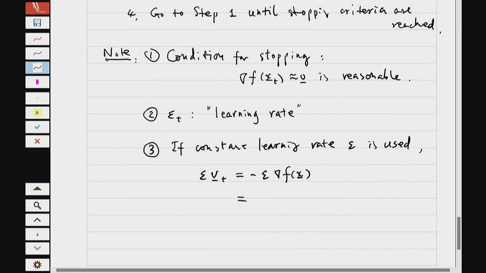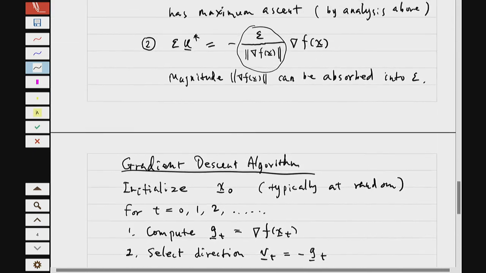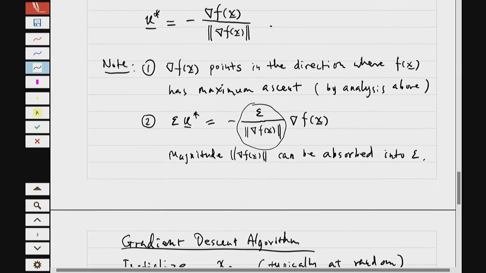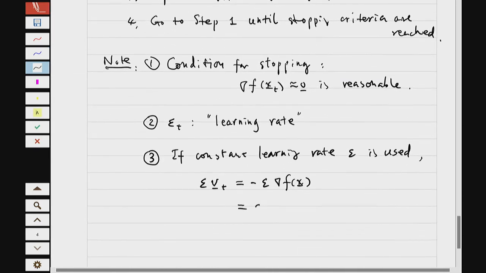What is this equal to? Well, remember what is our U star? U star is this guy, so I can write it out again. It's epsilon times the norm of the gradient times U star. That's just by our definition of U star from before.